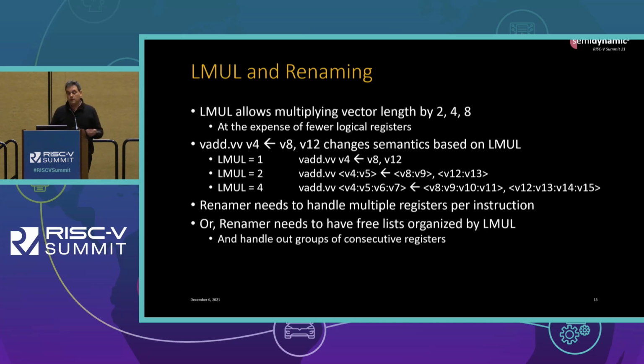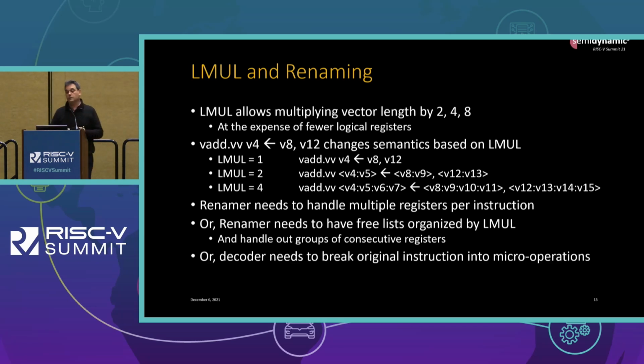There are, of course, alternatives. You could think of a renamer that's organized by Elmol, so you may decide that you don't just want a simple, boring, unsorted free list with registers in any order. You could say, no, I'm going to try to have my free list organized by groups of 2 or groups of 4 as the free registers come back. That has some performance implications, but you could do that.